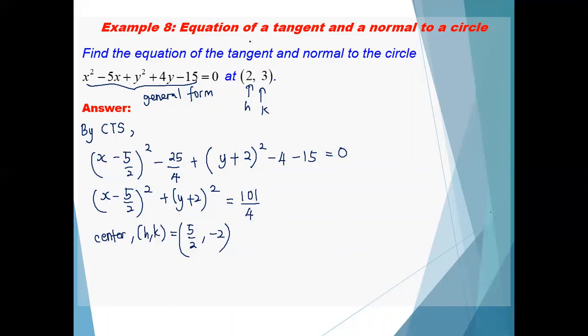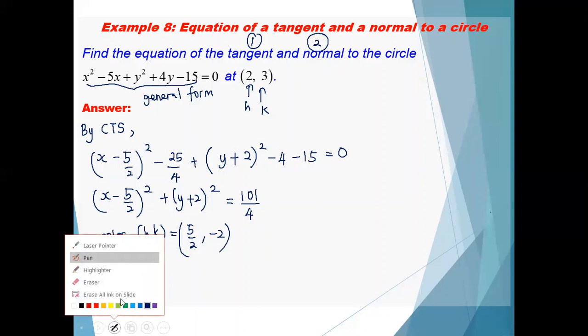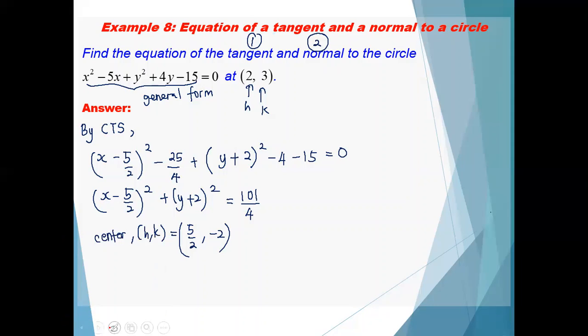Kita nak question tangent then also normal line. Okay, so satu CTS, ada 3 step. Yang kedua adalah we want to find a normal line.